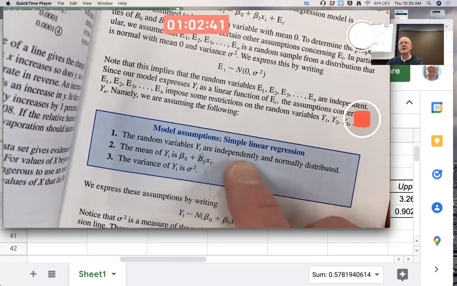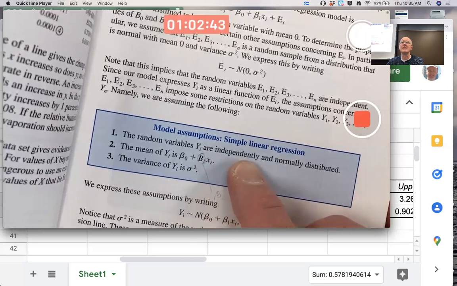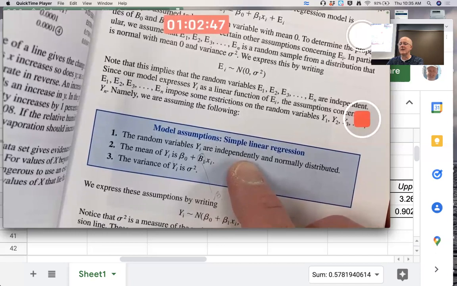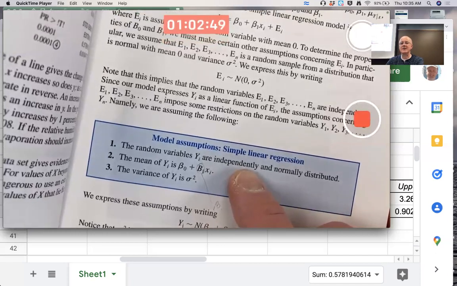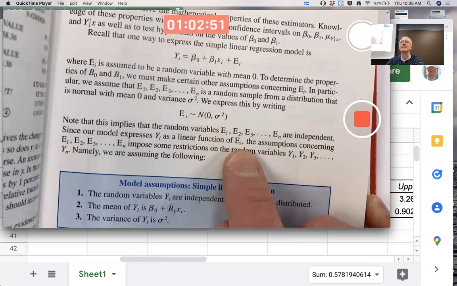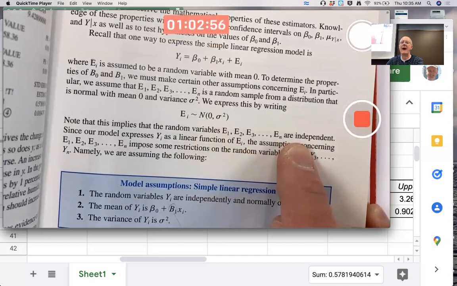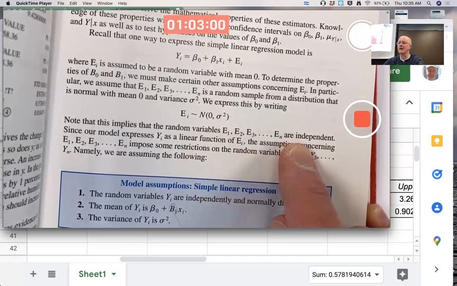The yi's are also independent. Why? Well, we effectively assume the epsilon i's are independent. That's another assumption we make. We know from our past experience that independence helps calculations work out more nicely.